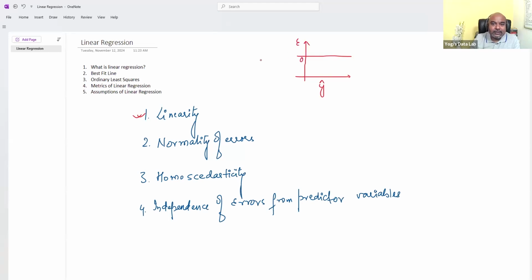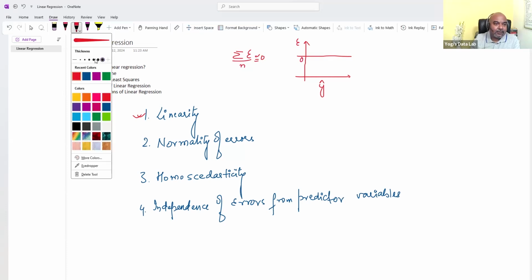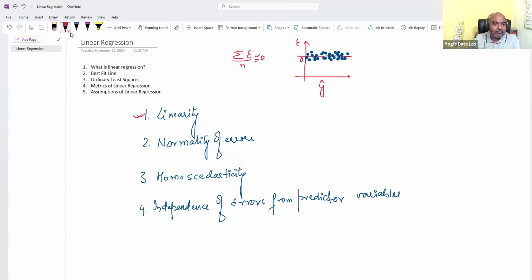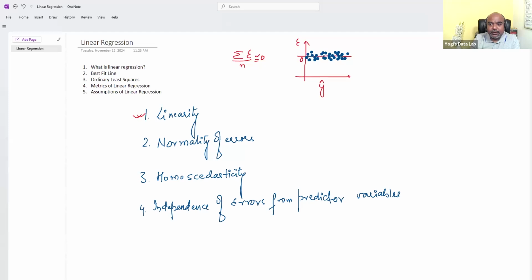What we want is that the average error should be approximately equal to 0, and your errors should be plotted something like this. The average line of your errors should be parallel to your x-axis.